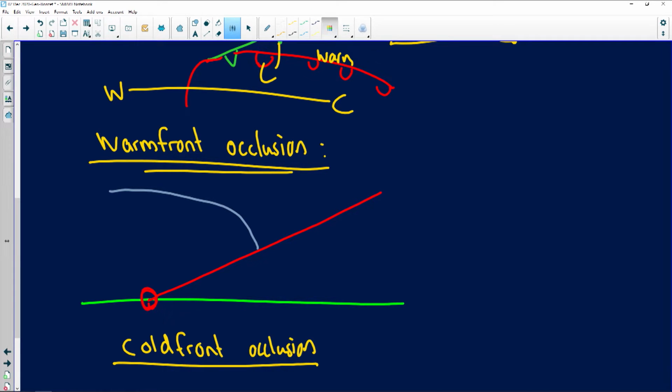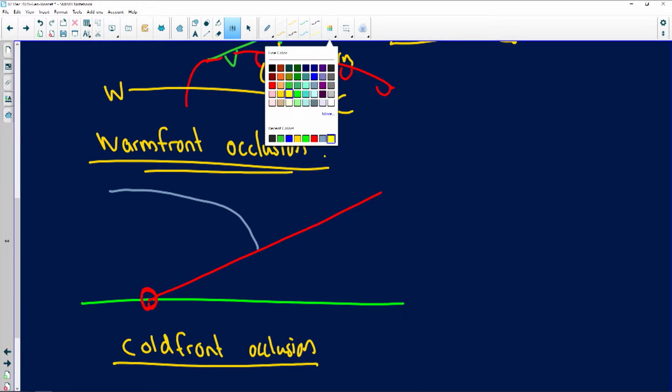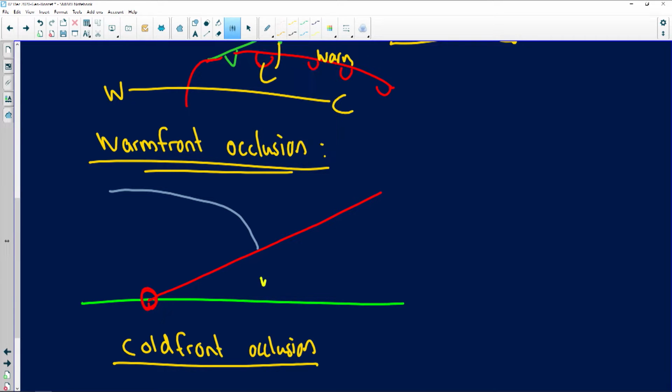The simple reason why is that we find the coldest air closest to the surface. The air in front of the warm front is very cold. The air behind the cold front is not as cold, and all the warm air has been displaced upwards.